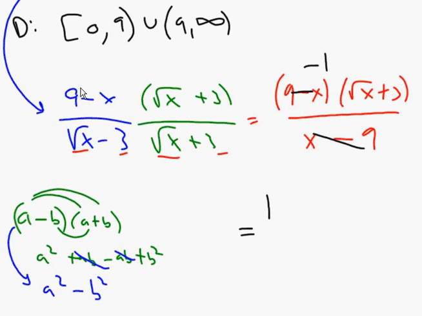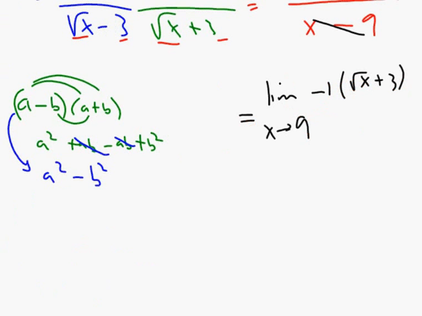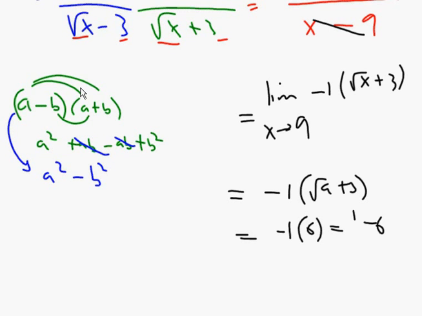So what you end up with is the limit as x goes to 9 of -1 times the rad of x plus 3. So this turns out to be -1 times the square root of 9 plus 3, or -1 times 3 plus 3, or 6, or -6. So that's one way to get the answer. It's sort of fun. Conjugates are a nice way.